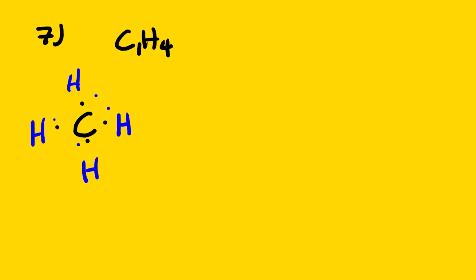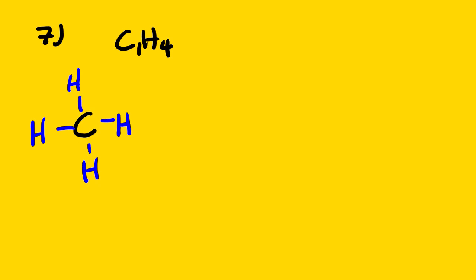So you can clearly see that each and every hydrogen will be satisfied with 2 electrons. Carbon will also be satisfied because it will have 12 electrons. 2, 4, 6. 2, 4, 6, 8. It will have 8 electrons, not 12. Remember that the octet state is 8.